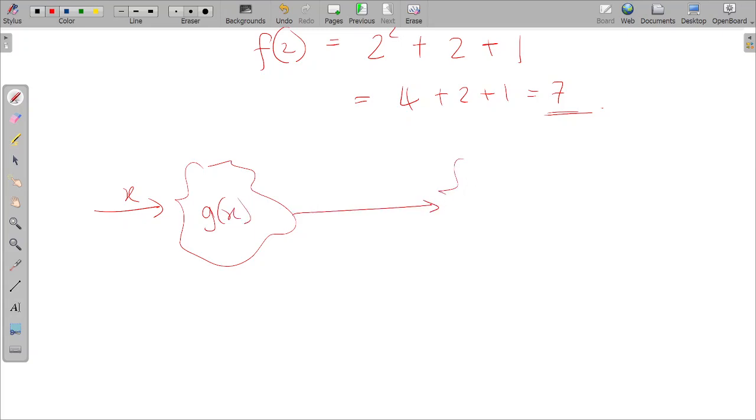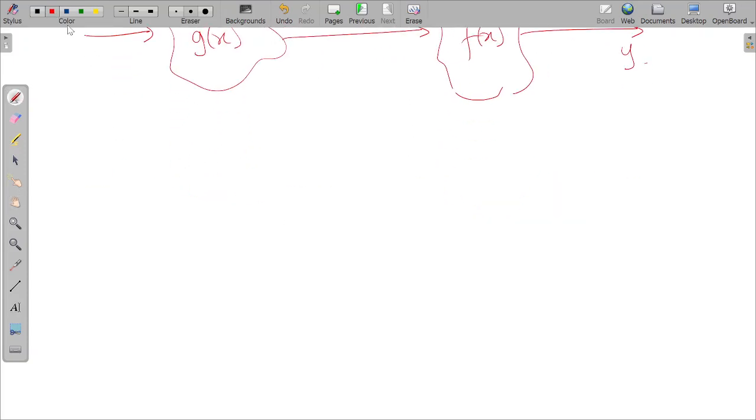Then that g of x now is put into another function called f of x. So g of x serves as an input into this f of x, and then we get the answer here. Let me call it y. So that is what we are doing in composite function.